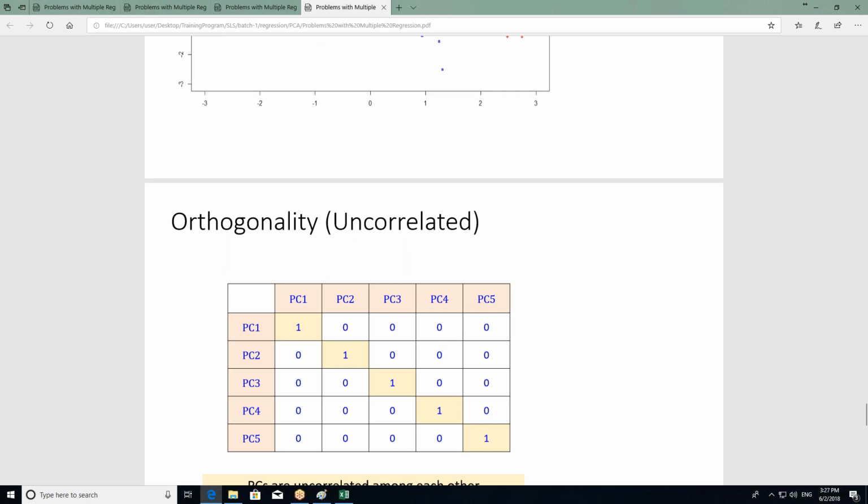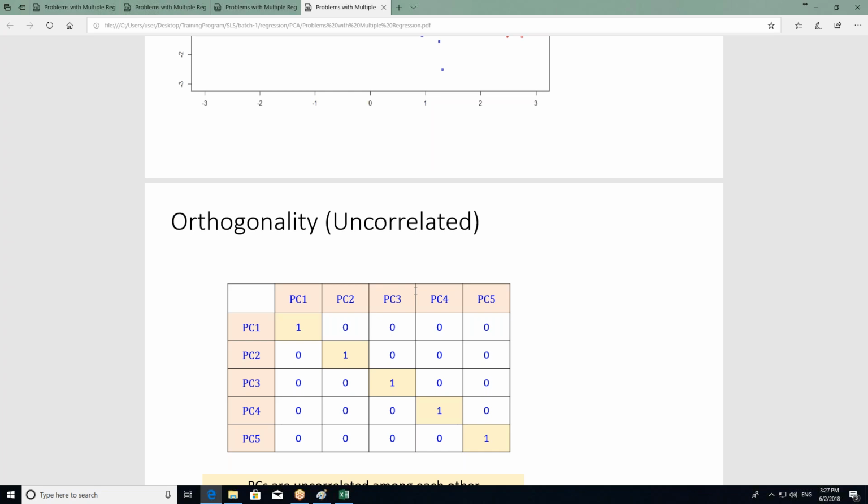Now, if you take the PCs and then try to check for multicollinearity, using whichever methods I have suggested, I mean, the multicollinearity matrix or your covariance matrix, what you will find is it is completely orthogonal and it does not have any relationship among themselves.